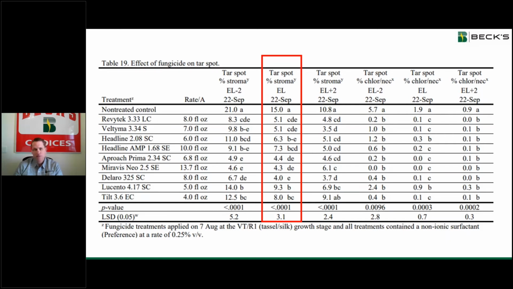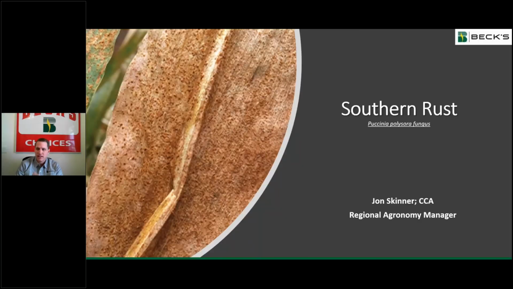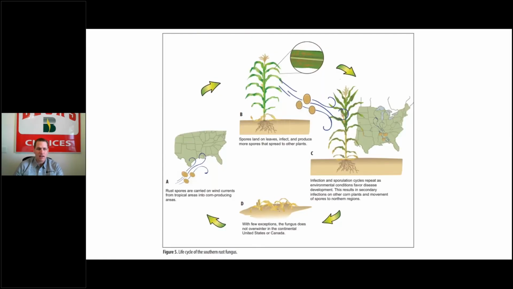We'll touch a little bit more on fungicide timing as I get closer to the end here, but I want to go into the other disease I talked about, and that's southern rust. Southern rust is a disease we've seen all the way up to the Wisconsin state line in Illinois, but it's very, very different than tar spot. It's a disease that will not overwinter on a residue.